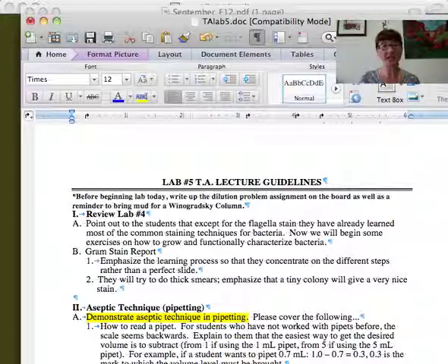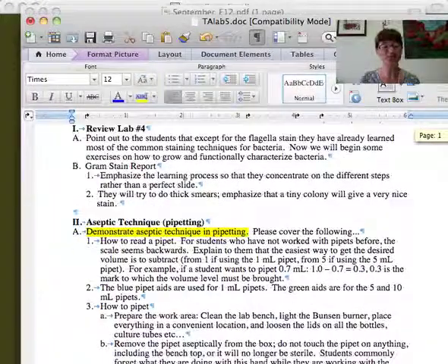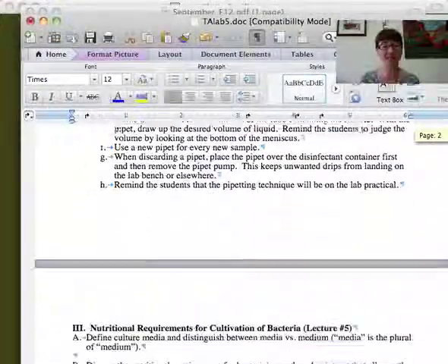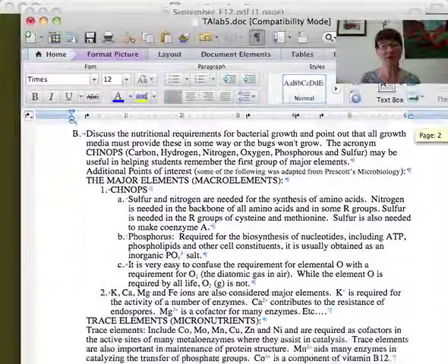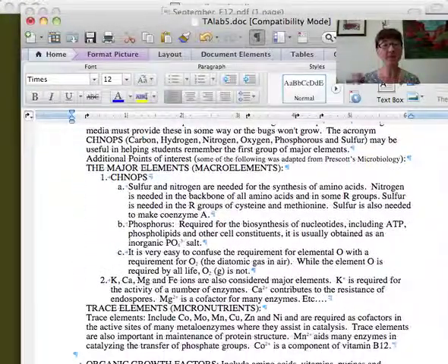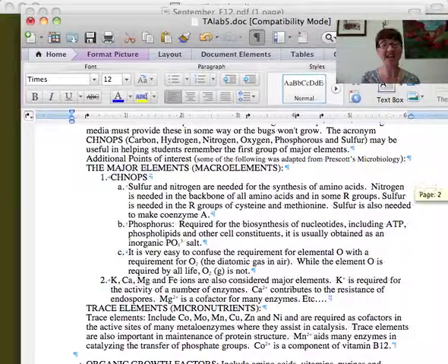Lab 5 is fairly content rich, so even if you're only doing part of the lecture, remember to read through the TA guidelines for this, because it talks about the major elements, the micro and macronutrients that are required to provide to an organism in most plates, and whether or not things are able to utilize the major elements to make all of their macromolecules, and differentiating those organisms that can and can't.